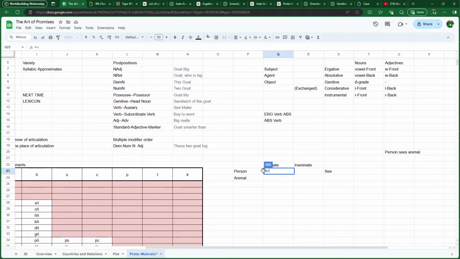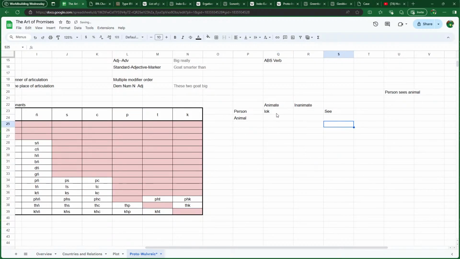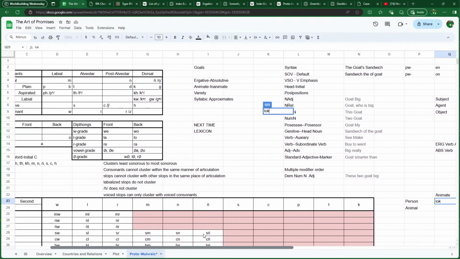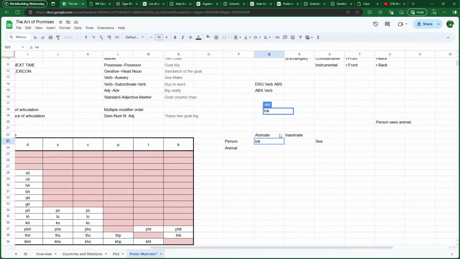What if we have it as... Look. So the main dictionary definition is look, although we can have it as this.